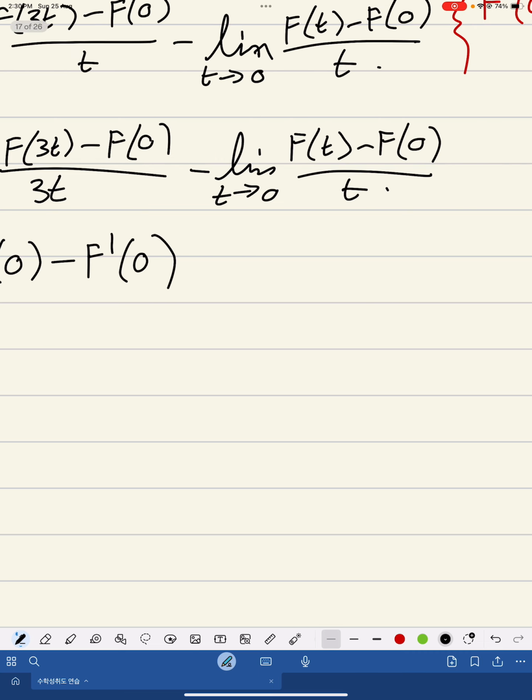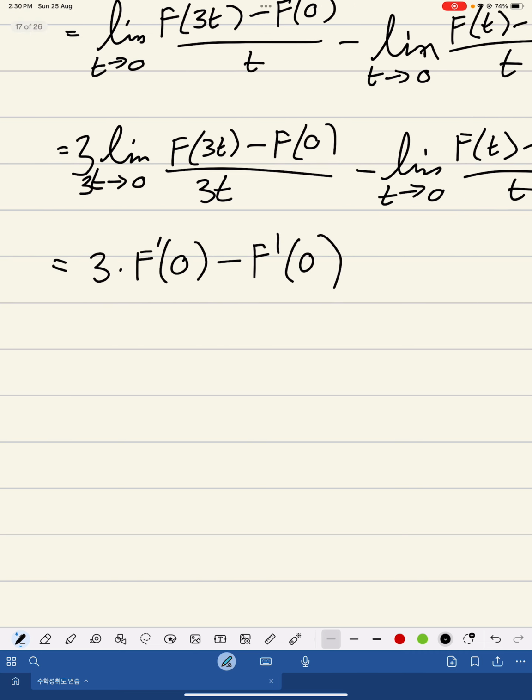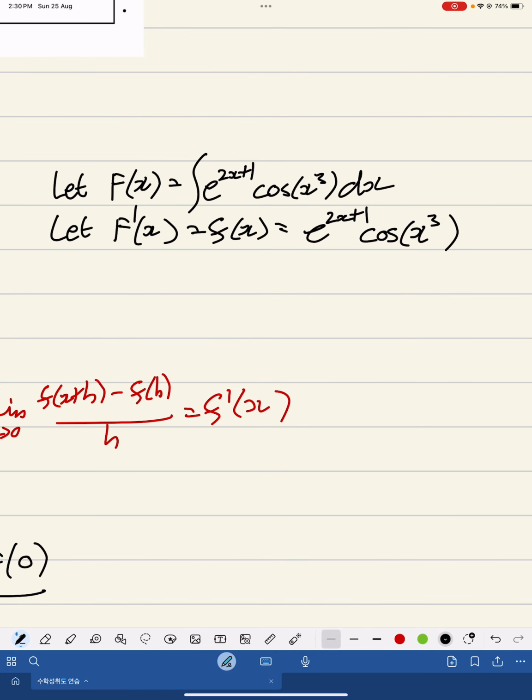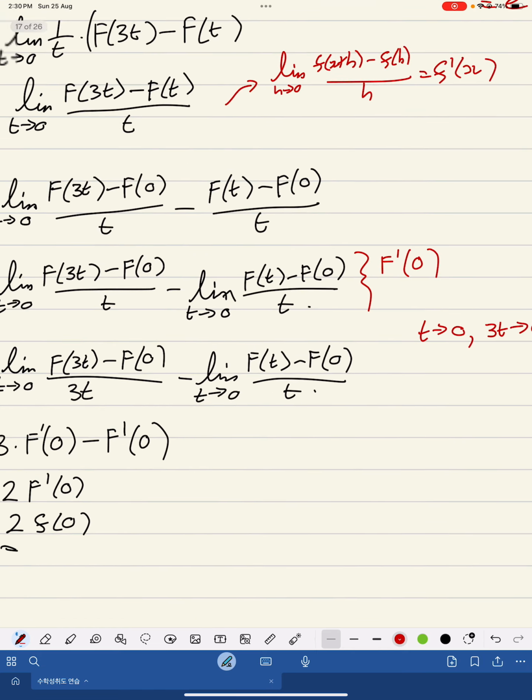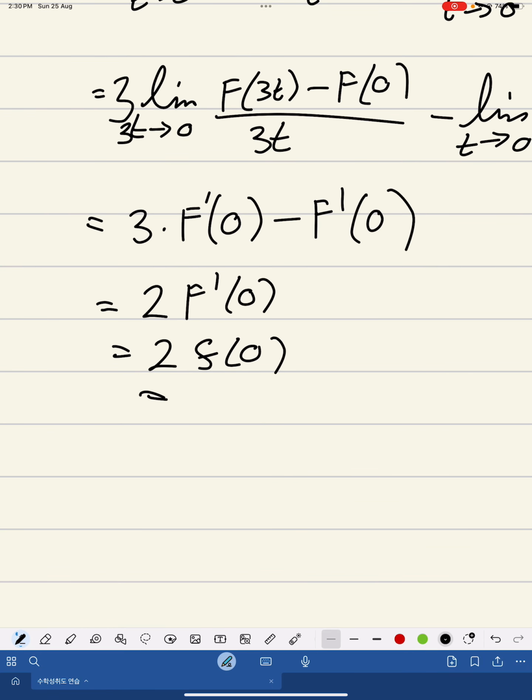Because those are the definitions of our limits. So we can write this as 2 times capital F prime of 0, therefore 2 times small f of 0. From our definition of f of x, f of 0 equals e to the 1 times cosine of 0, which is just e, because cosine of 0 is 1. Therefore, we can rewrite this as 2 times e.